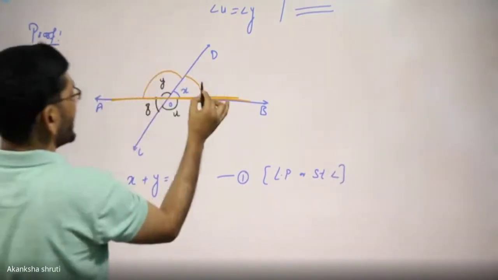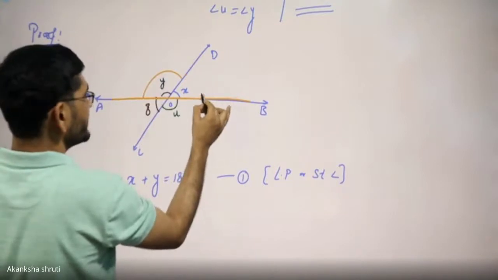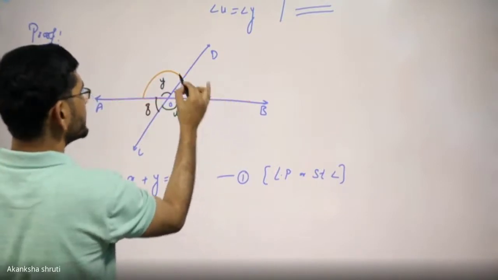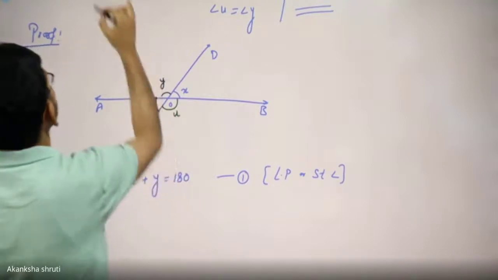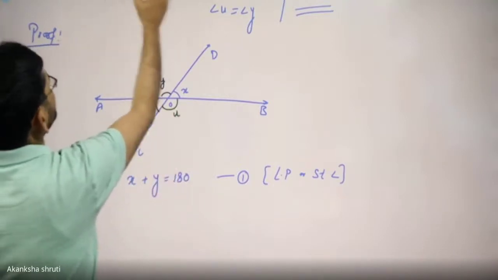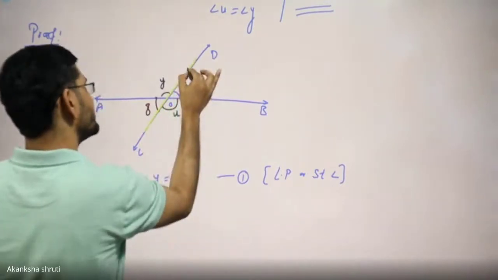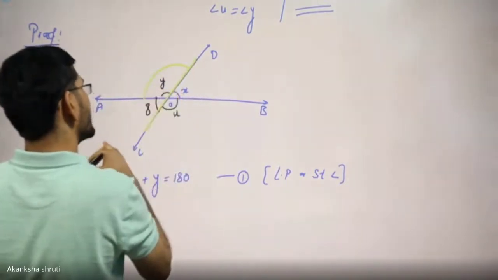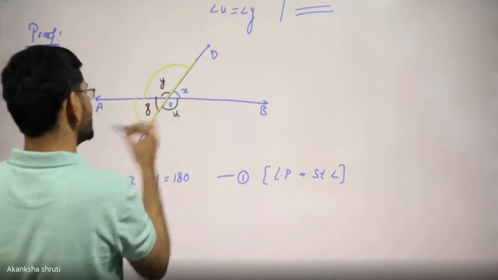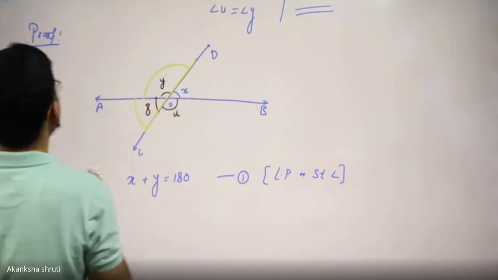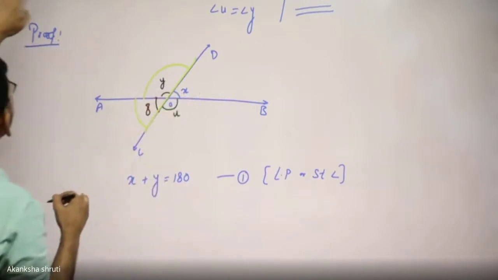Students, after this, if we are looking for the line CD, meaning we want to focus over the line CD, from here we may write this angle Y and angle Z. So angle Y plus angle Z will also be 180 degrees.